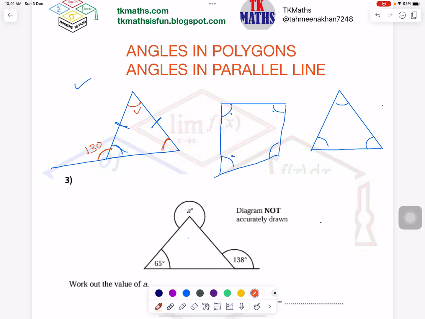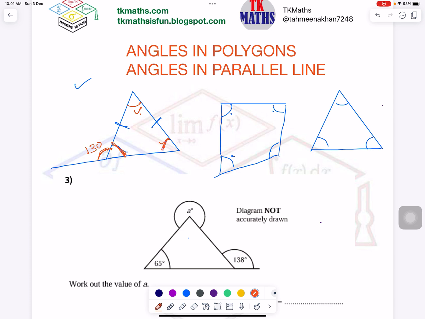Not necessarily are they equal, but whatever they are, the sum will be 130 degrees. So this is called the exterior angle of a triangle, equal to the sum of the angles in the triangle on the opposite side, because this one is called adjacent.